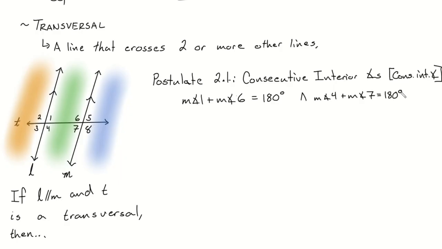Because it's a postulate, there's no proof needed. Do we need to define what a consecutive interior angle is, or does this picture tell me? Okay. So I'm going to box every single one of them like this so we can see it. Again, I'm going to refer to this over and over and over.